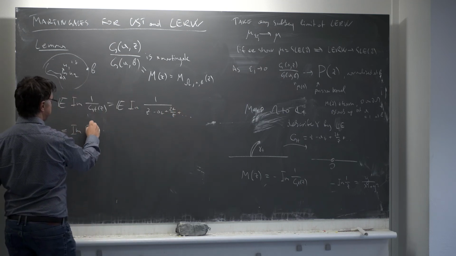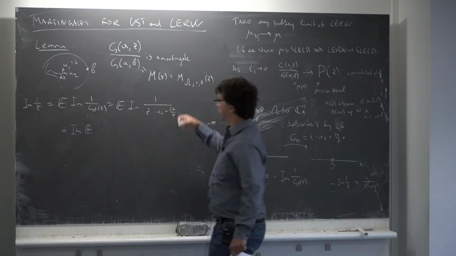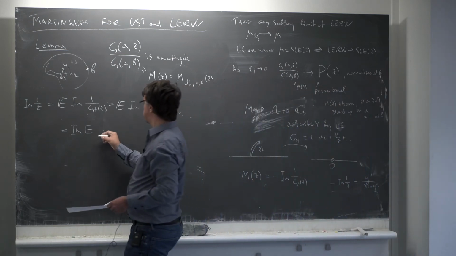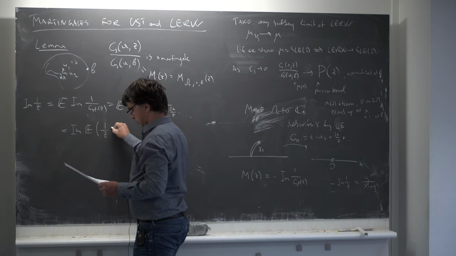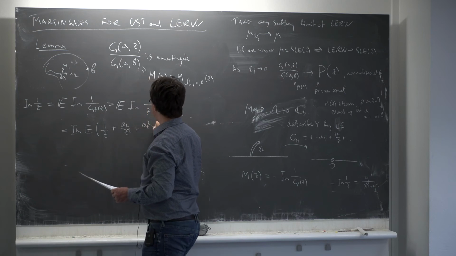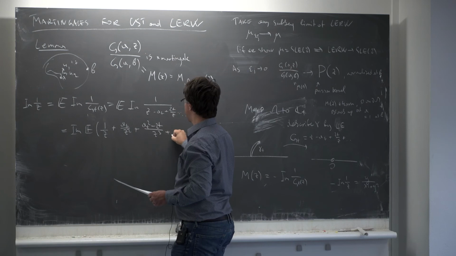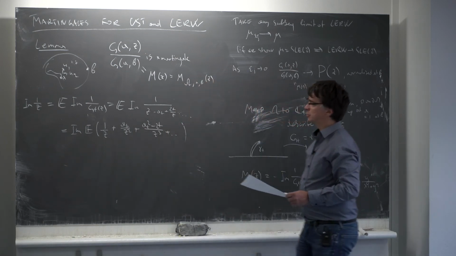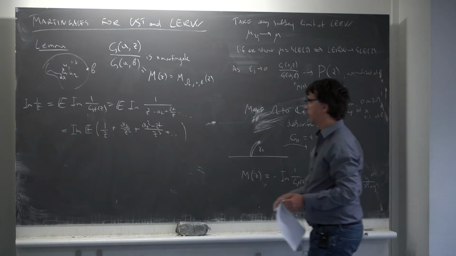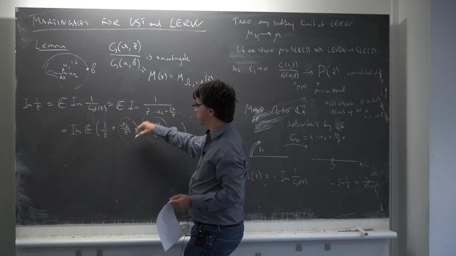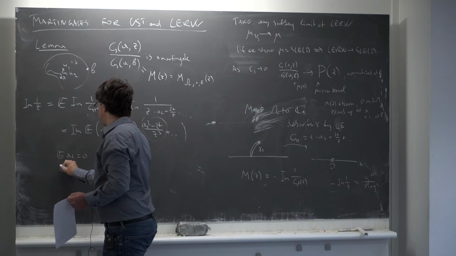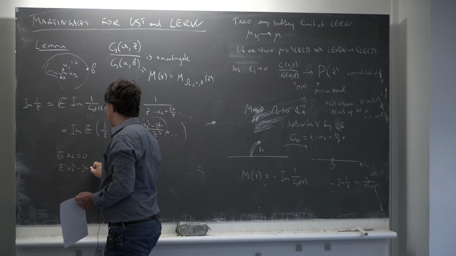Now we have to do a Taylor expansion of 1 over z. So it will be the imaginary part of the expectation of 1 over z plus a_t over z squared plus a_t squared minus 2t over z cubed plus so on. This is just a check, maybe for exercises, to check that this indeed expands to that. And then we can equate all the coefficients. So we conclude that the expectation of a_t is 0, and the expectation of a_t squared minus 2t is 0.